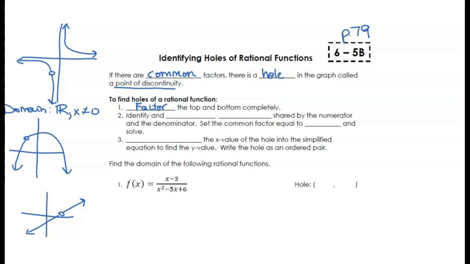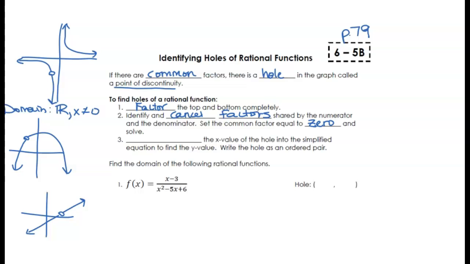Once you factor, you're going to identify and cancel factors shared by the numerator and the denominator, because that's where the holes are. And whatever you end up canceling, maybe you have an x plus 3 on top and an x plus 3 on the bottom, you need to set that factor equal to 0 and solve, because that's where your hole is.